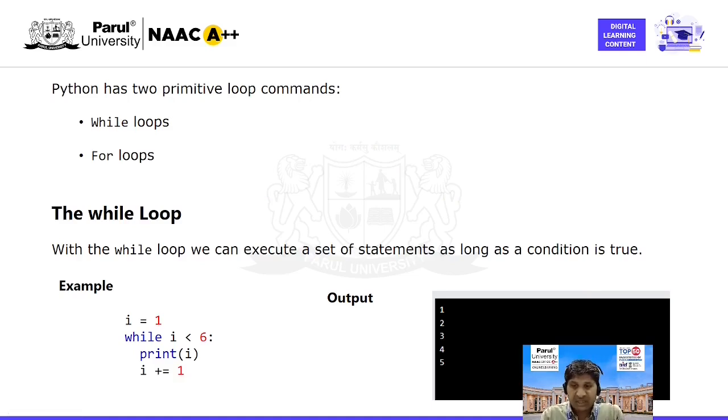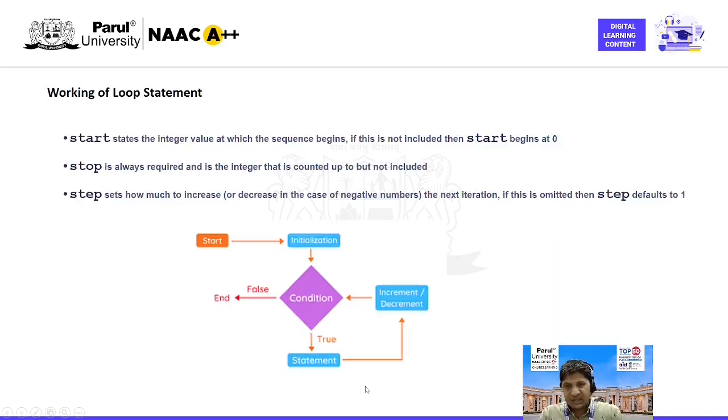Now 1 plus 1 is 2. Again check the condition. You can see the flow chart. If the condition is true, the statement executes, the value is incremented, and then the condition is checked again. The same process is repeated until the given condition is false.